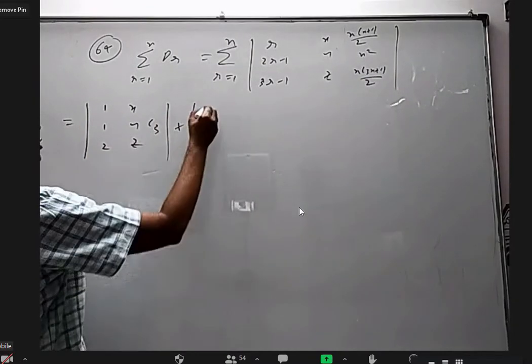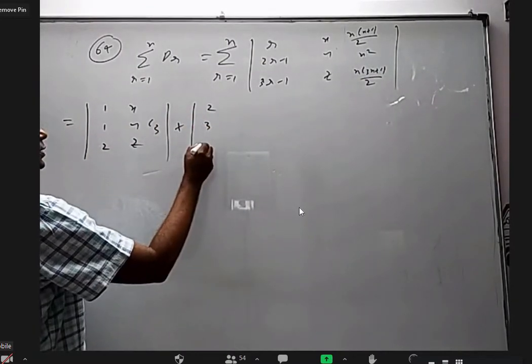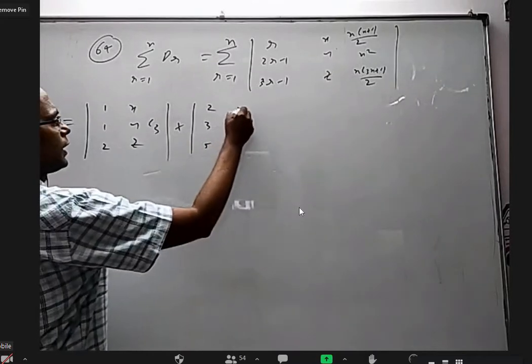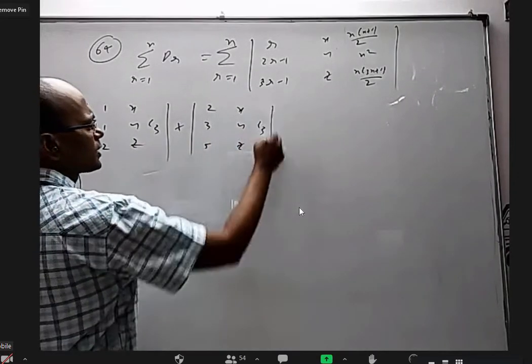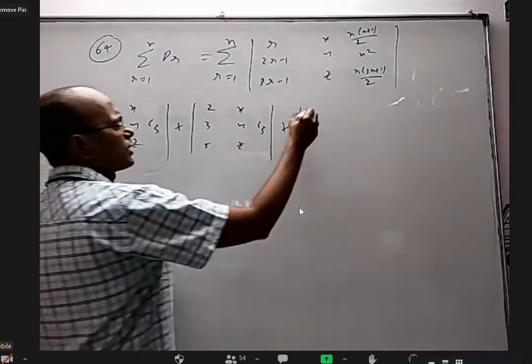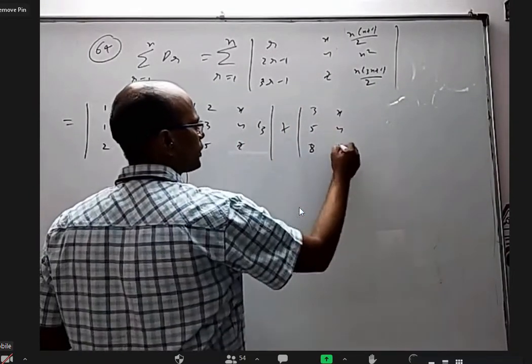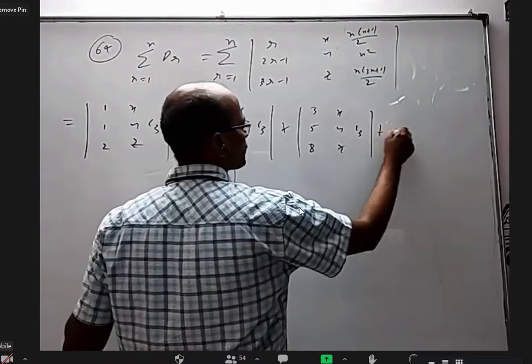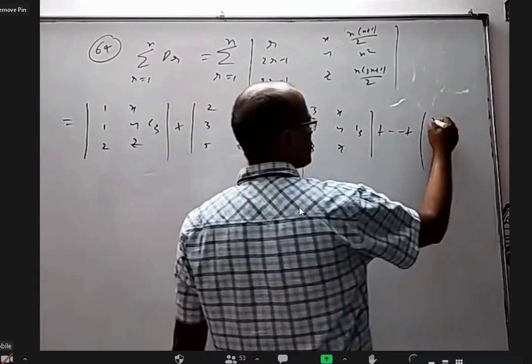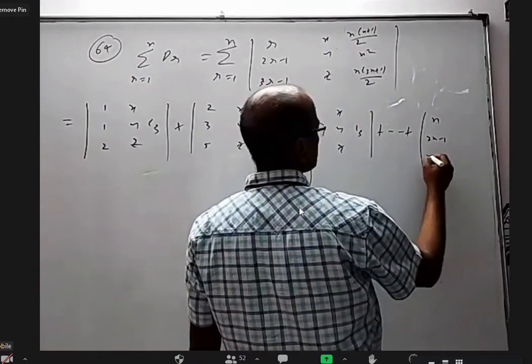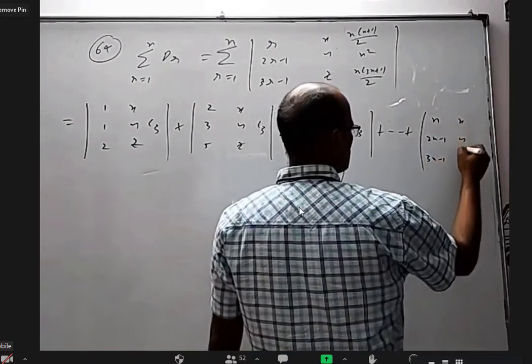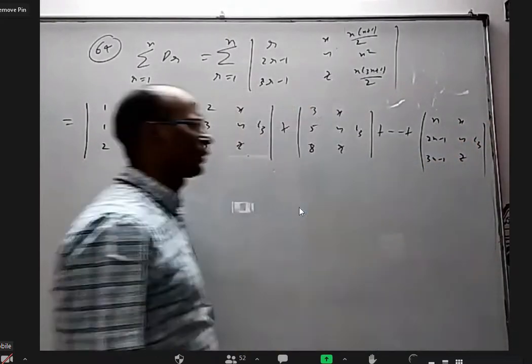When I put r equal to 2, this is 2, 3, 5, x, y, z, and column 3 as it is. When I put r equal to 3, 3, 5, and 8, x, y, z, and column 3 as it is. At the last, when I put n, 2n minus 1, 3n minus 1, x, y, z, column 3.